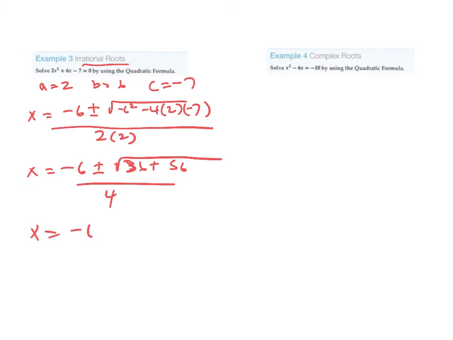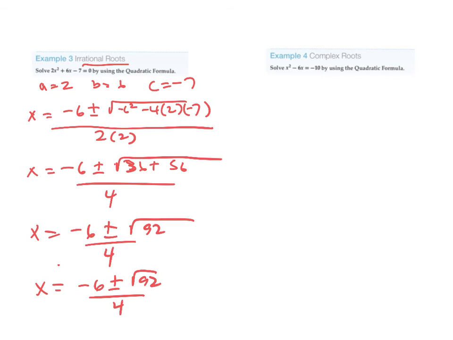So inside the radical sign, we have 92. Well, 92 is not a perfect square, so it'll come out as a decimal, and so we would have an irrational answer. If it's not a perfect square, you can leave it in radical form. And there are our two answers for that.